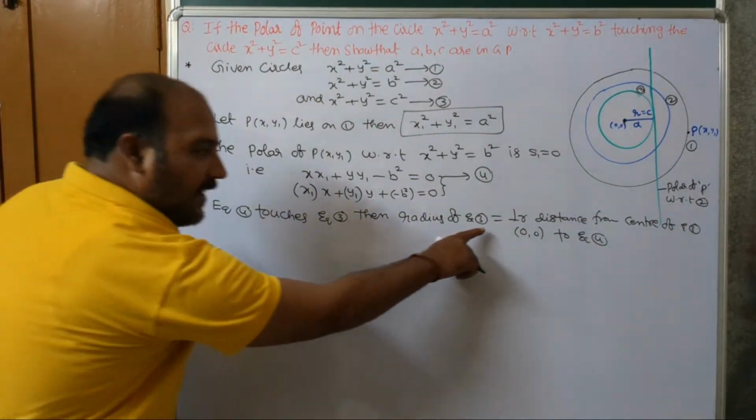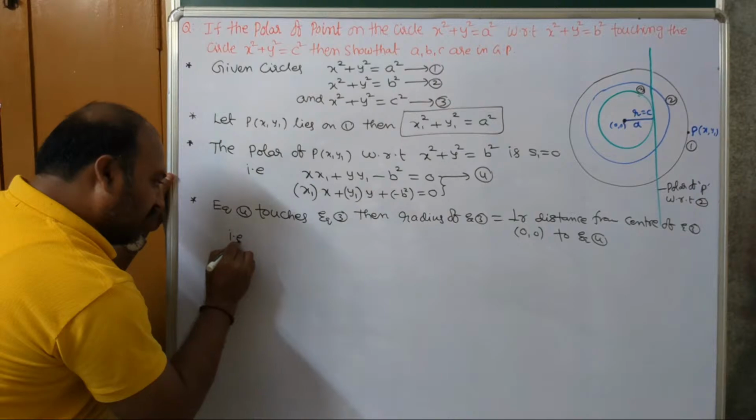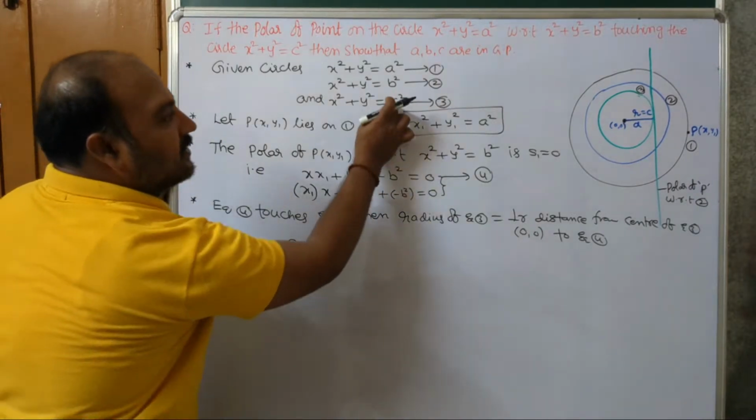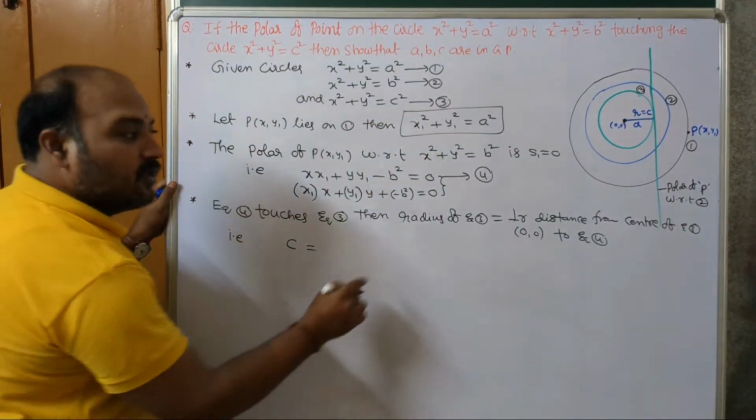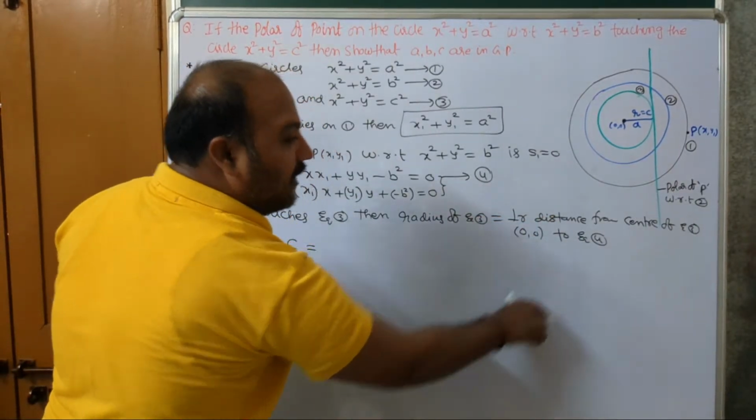So what is the radius of equation 3? The radius of equation 3 is c, the third circle radius, which is the perpendicular distance from the origin to the line.